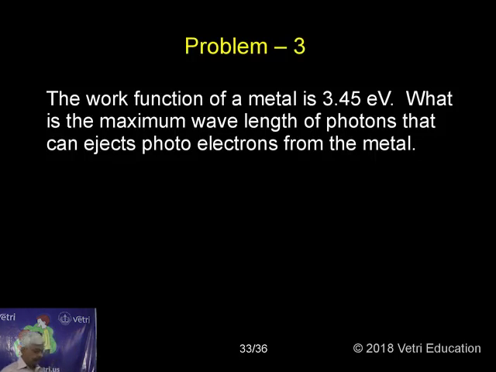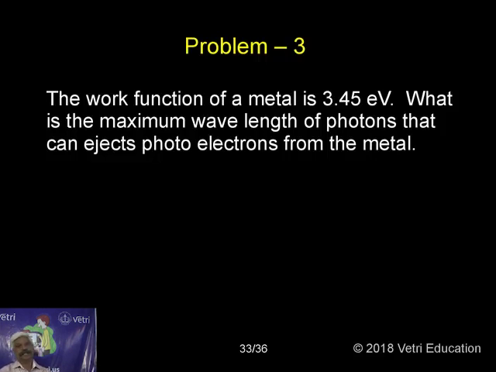So the third problem, the work function. If we look at the problem itself, we can immediately come to a conclusion about the work function. When a question asks about the work function, the photoelectric equation immediately comes into the picture. What is Einstein's equation?